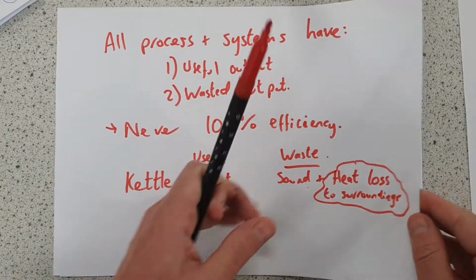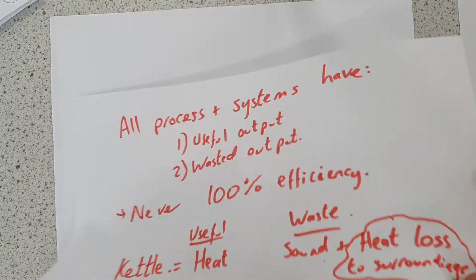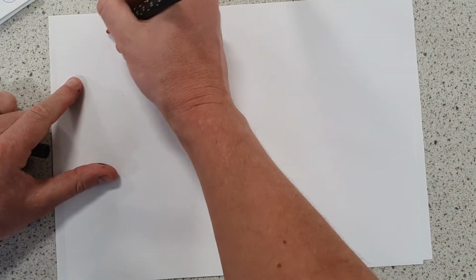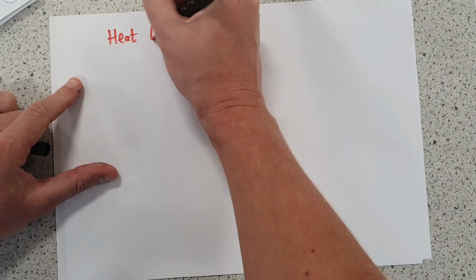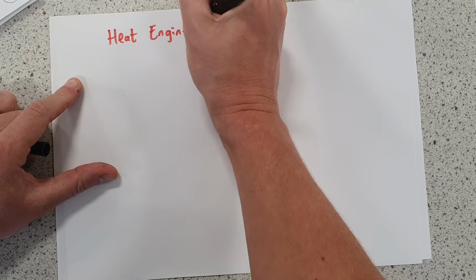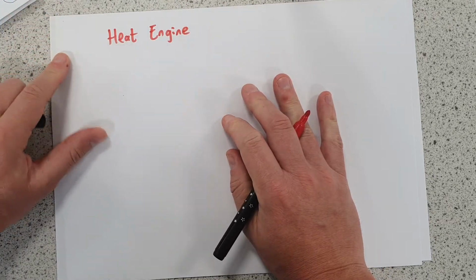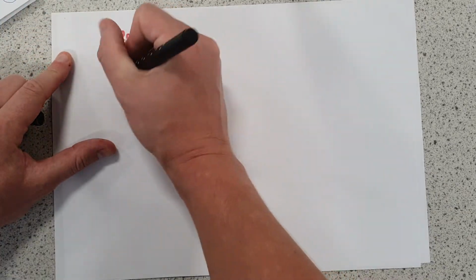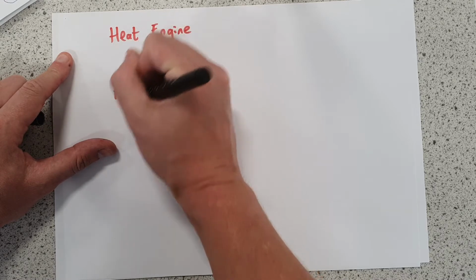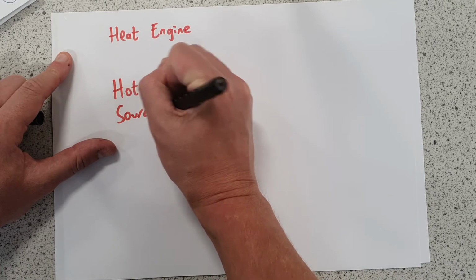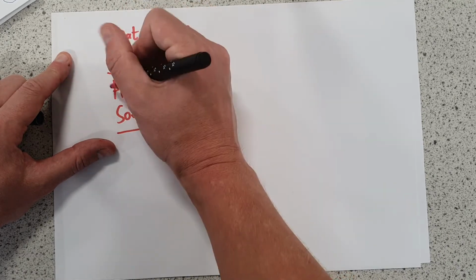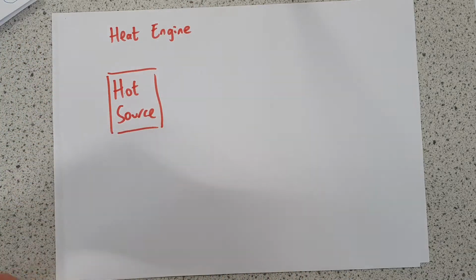Okay, so what we looked at this week is the idea of having heat engines. So if we take a heat engine, we understand the idea that a heat engine has at one end a hot source, like so. So this could be a coal furnace with a boiler.